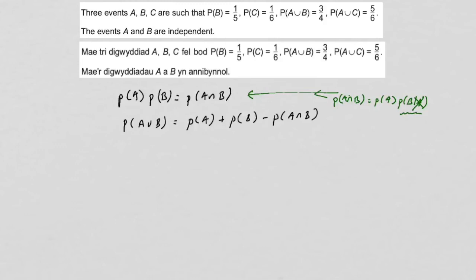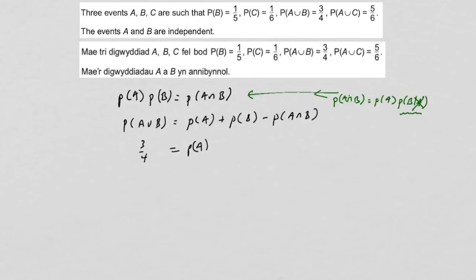So, in this question, the first part, we're wanting the probability of A. Do we have enough information to put into these formulae in order to find that? Let's have a look. We know what P of A union B is, that's 3/4. We don't know what P of A is, obviously, because they're asking us to work that out.